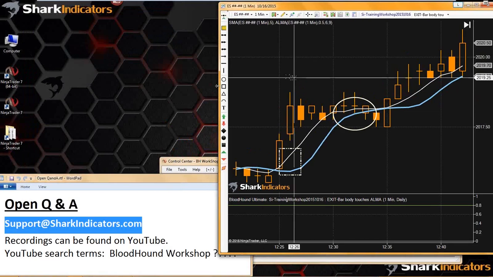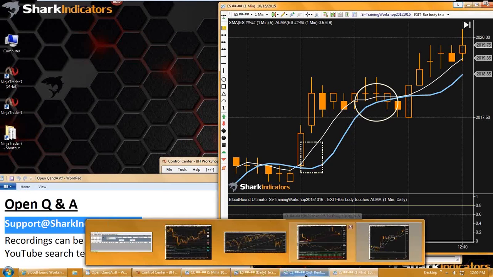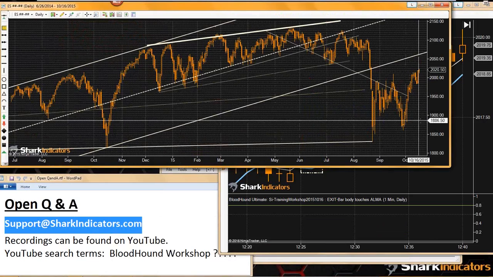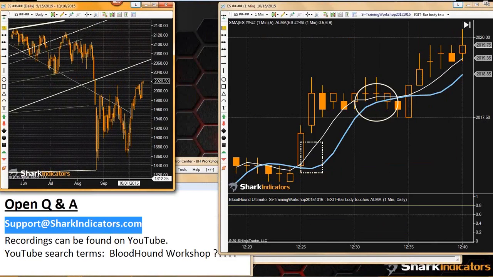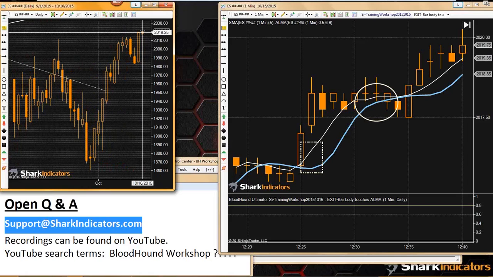All right, so let's see. We've got a 1 minute chart here, and I had a daily chart. Yes, I still have a daily chart, here's our ES daily chart.